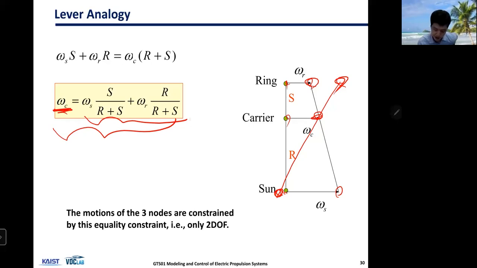But if you apply this kinematic constraint relationship, you are basically removing 1 degree of freedom. And what that means is, if you determine 1 and 2 speed, then the third speed is automatically determined by this kinematic equation. So this equation deletes 1 degree of freedom.